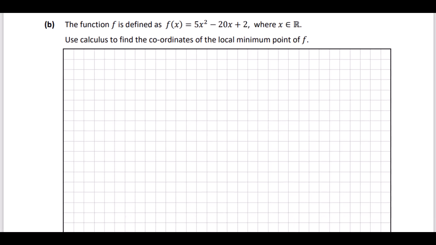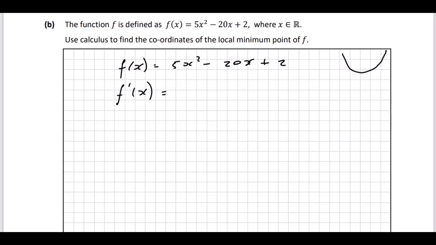The function f is defined as f of x is equal to 5x squared minus 20x plus 2, x is real. Use calculus to find the coordinates of the local minimum point. To find the local minimum, we differentiate, which gives us a function for the slope of any tangent on the curve. This is a quadratic, so it's going to look like this.